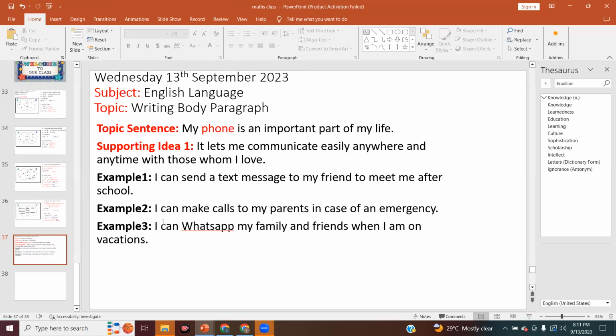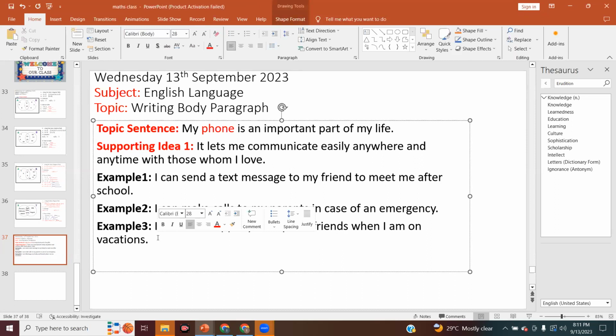Okay. So that's my first supporting detail. My next supporting idea is going to be number 2, and all of this is inside of my paragraph.